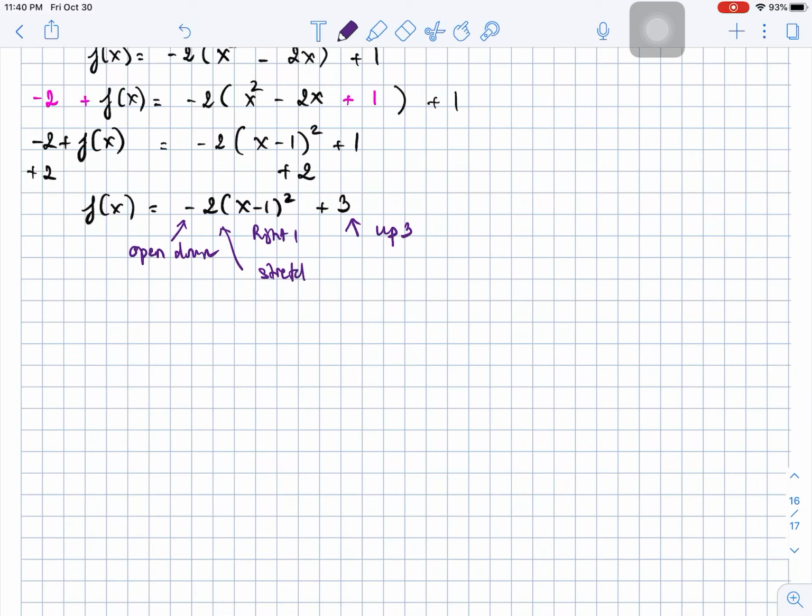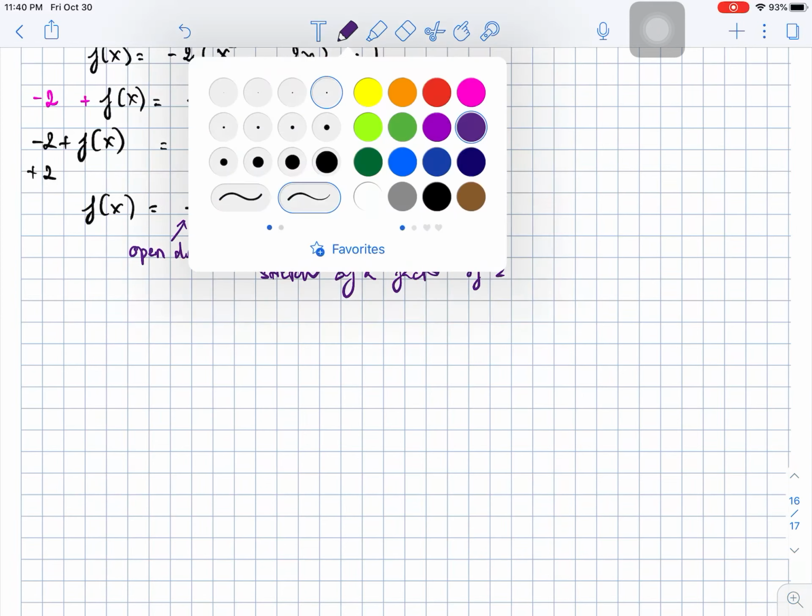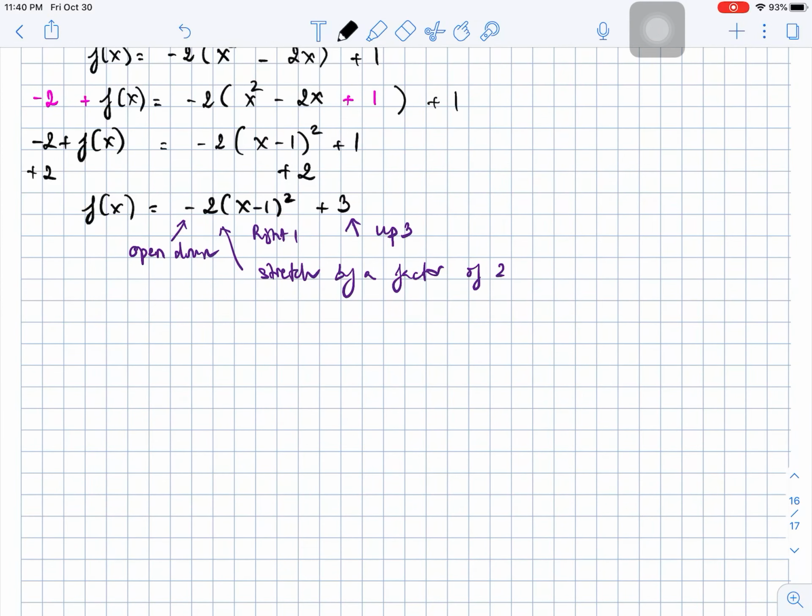So to wrap this, we know that the 3, we're going to move up. The h is 1, and we will move to the right 1 step, 3 up. And we have the negative also, so the parabola will open up and down. And what about this 2?